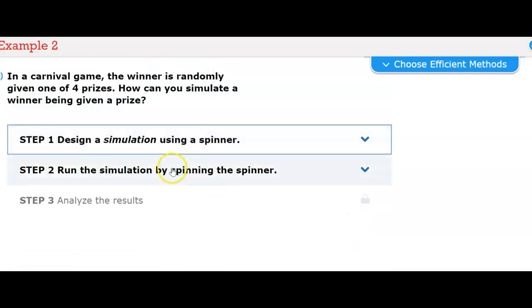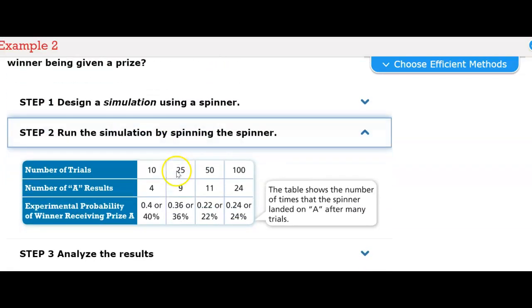Step 2, run the simulation by spinning the spinner. You have your number of trials, 10, which is how many times you actually spun the spinner. Then the number of A results is how many times you got an A in that number of trials. The experimental probability of a winner receiving an A uses that proportion.